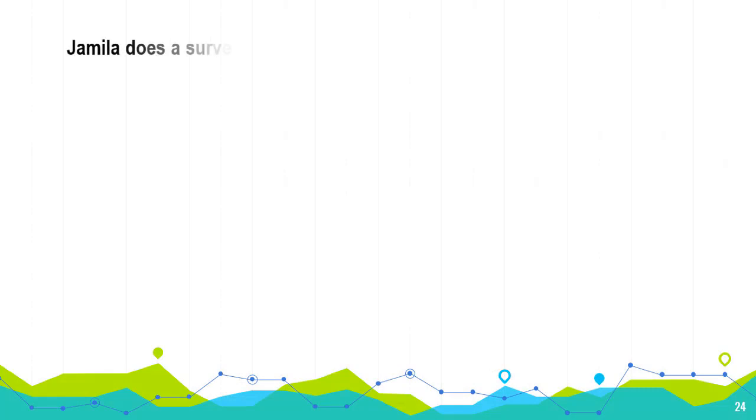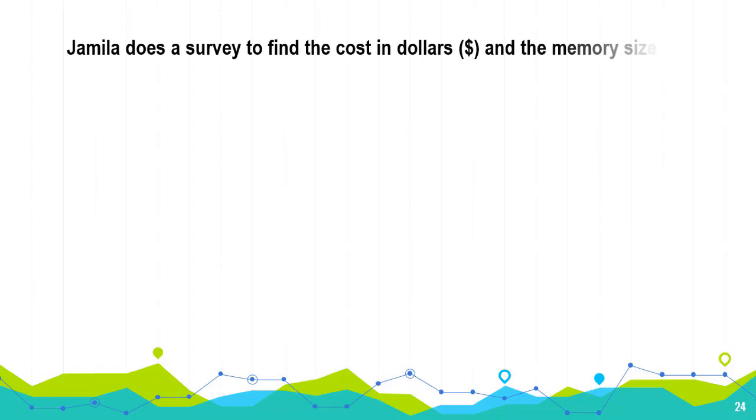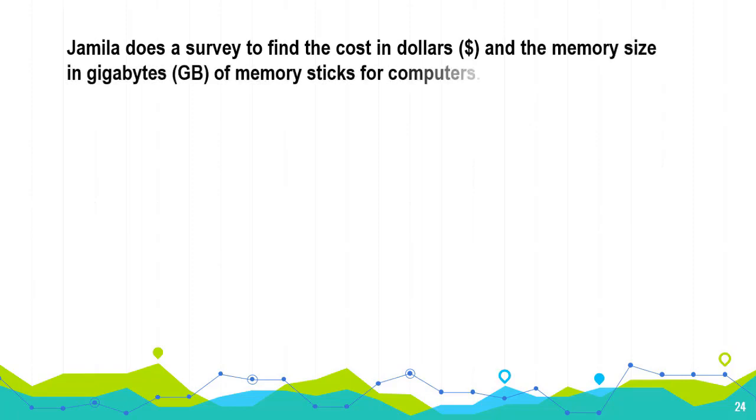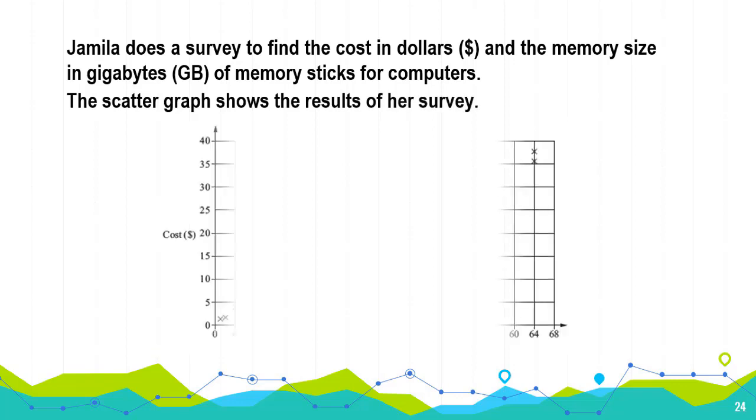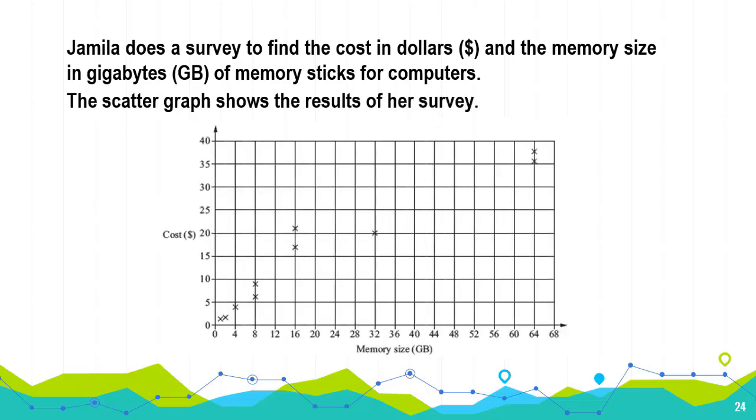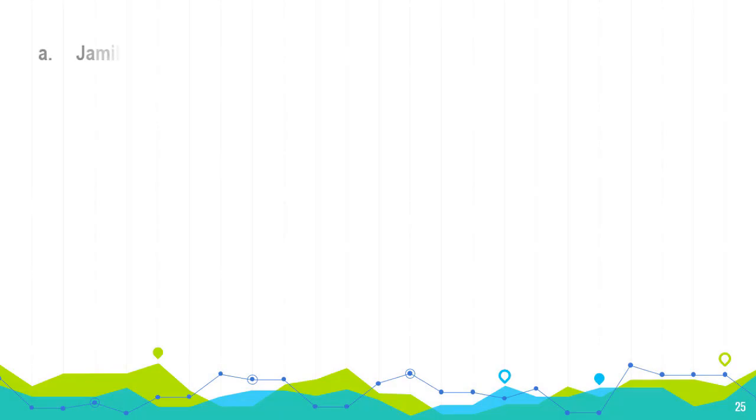Jamila does a survey to find the cost in dollars and the memory size in gigabytes of memory sticks for computers. The scatter graph shows the result of her survey. A. Jamila buys a memory stick for $8.